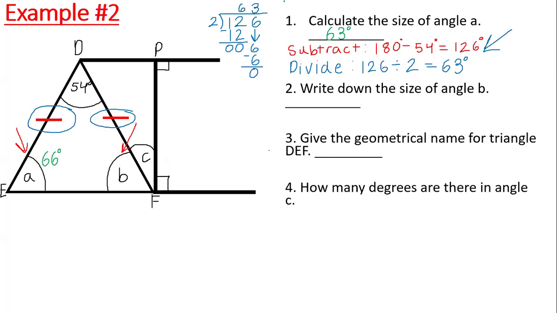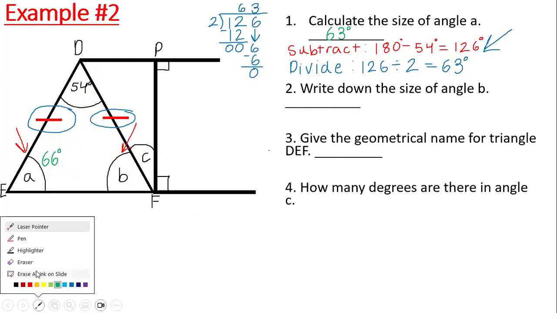Yes, sir. So what happened there is that these two lines mean that this side and this side are equal. It also means that the angles are equal. And angles in the triangle add up to 180 degrees. So the first thing we're going to do is take 180 and subtract 54. 180 minus 54 is what?